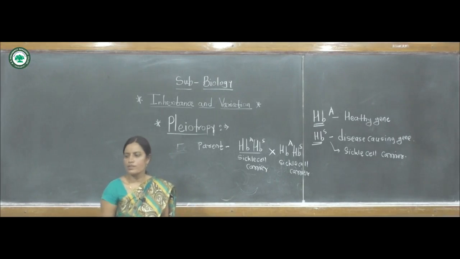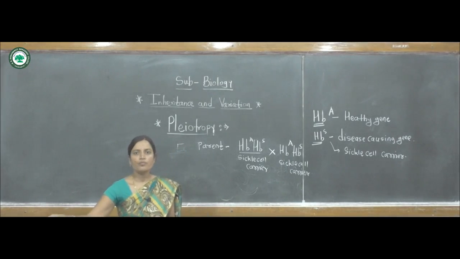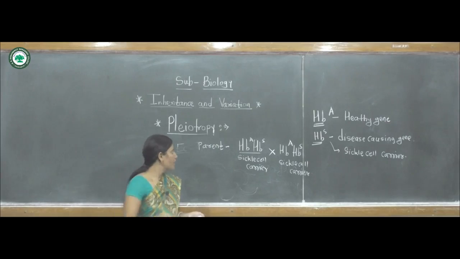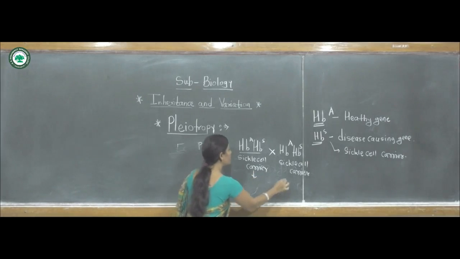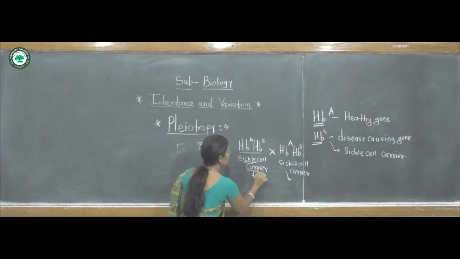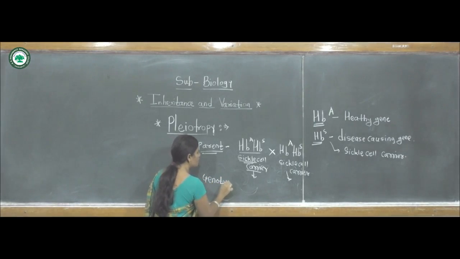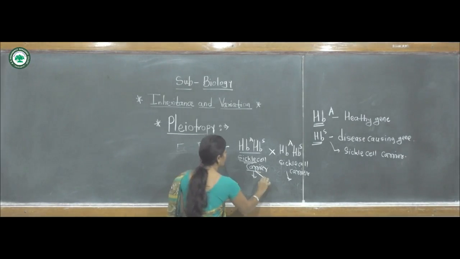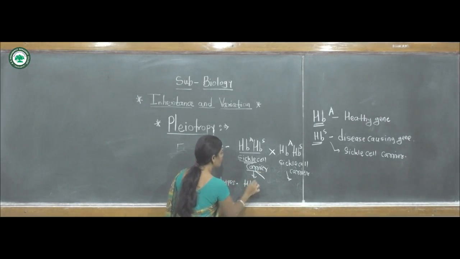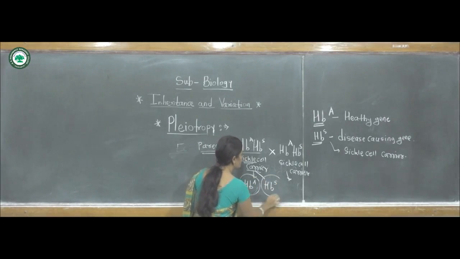This gene is called the HBS gene, and the crossing takes place between these two genes. At that time some genotypes are formed. These parents are sickle cell carriers, and they can form two types of genotypes: HBA is one and the other is HBS.